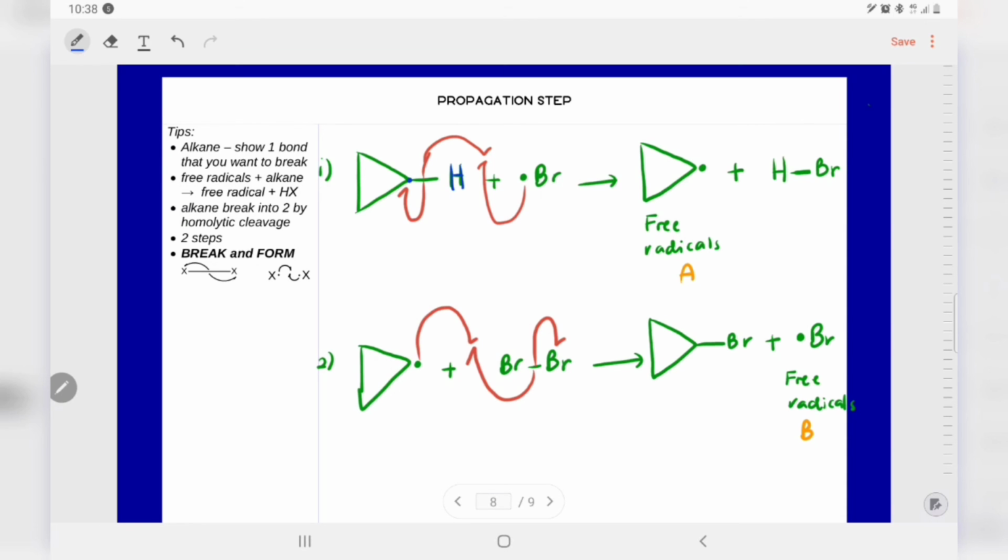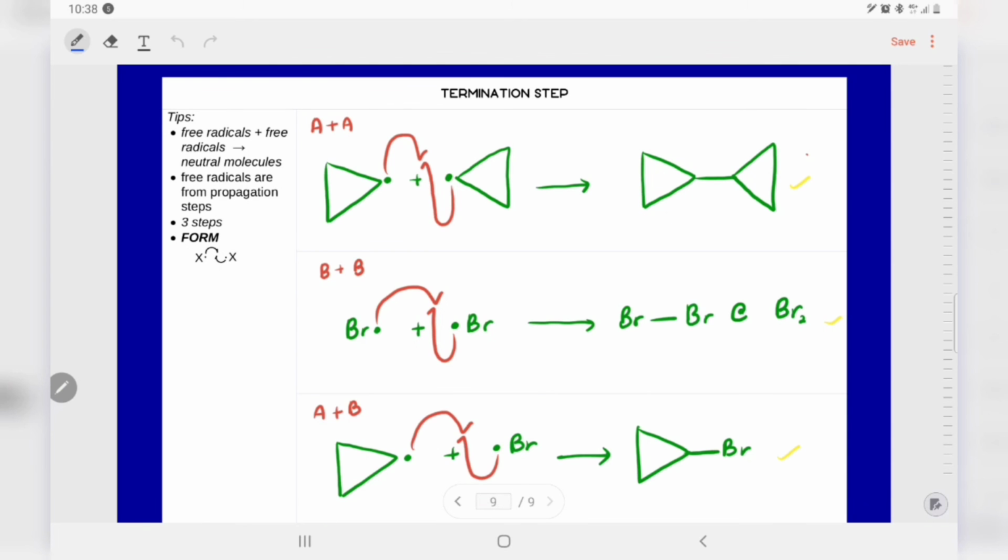So, bila bond C and H ini break, so dia akan form free radical A. Okay, kemudian free radical A ini pula akan initiate another Br2 molecule dan menghasilkan free radical Br dan bromocyclopropane. Seterusnya, termination step ialah di mana dua jenis free radical tadi combine dan menghasilkan satu compound neutral.